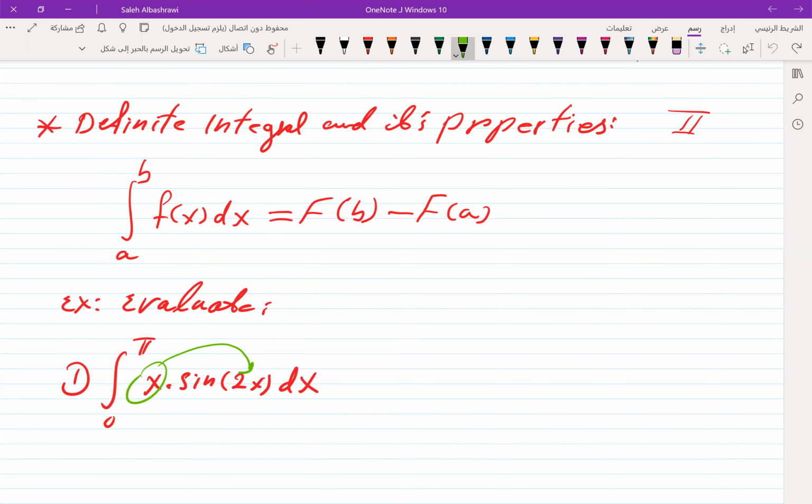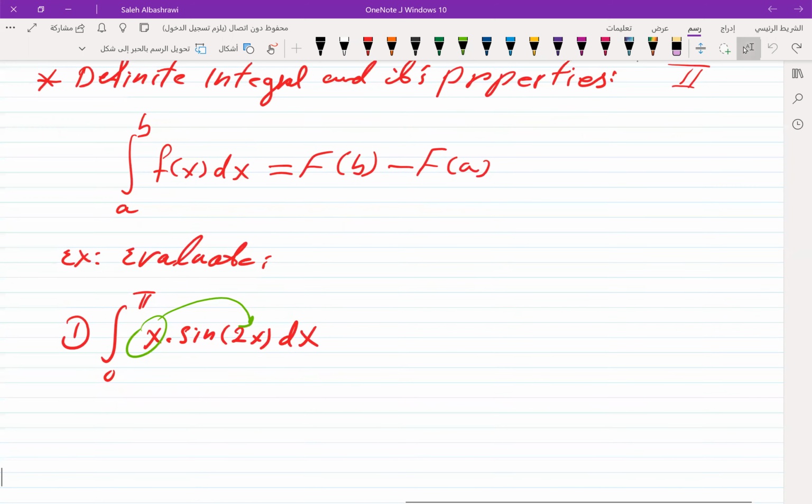But we can think about the other technique, which is integration by parts. I mentioned before that if one of the functions is the derivative of another one, or somehow we can relate it to the derivative, we use integration by substitution. But if we cannot, then we have to use integration by parts, like what we have now here. I'm going to use integration by parts.